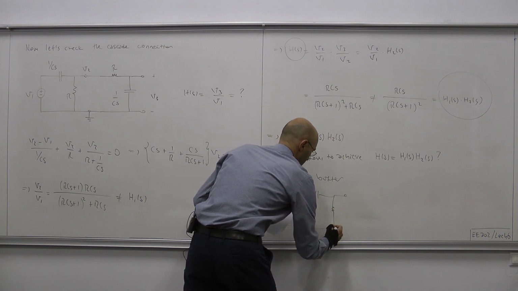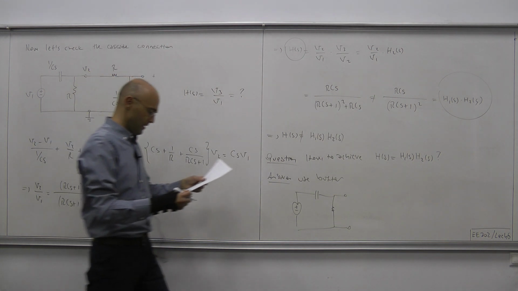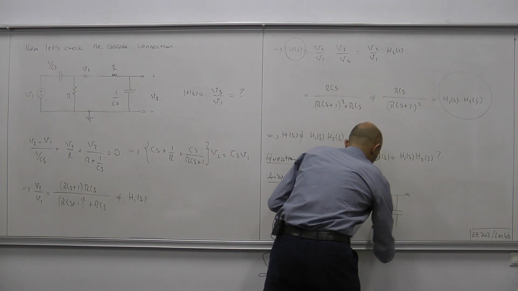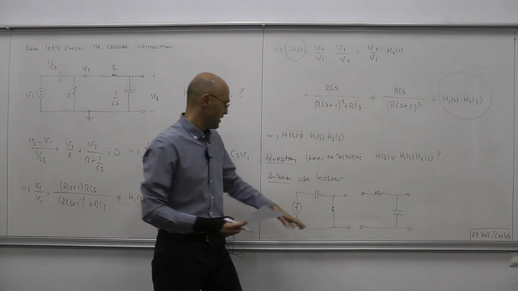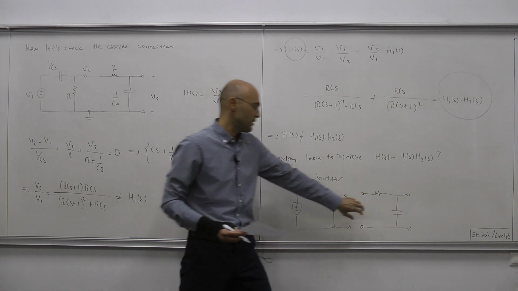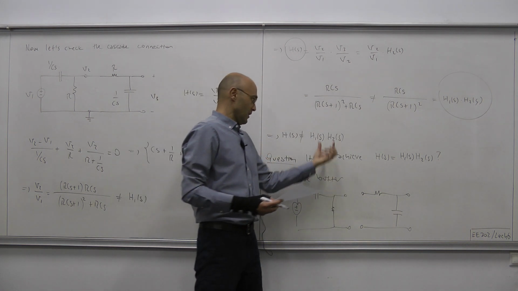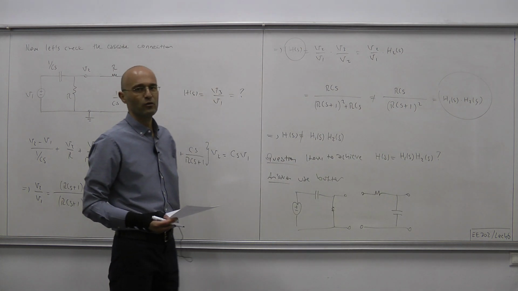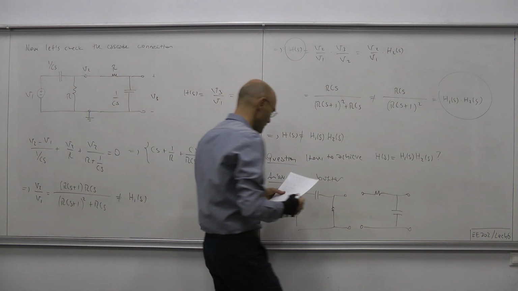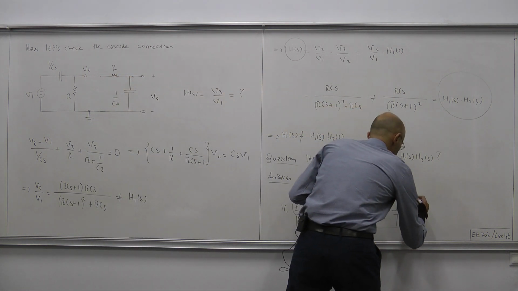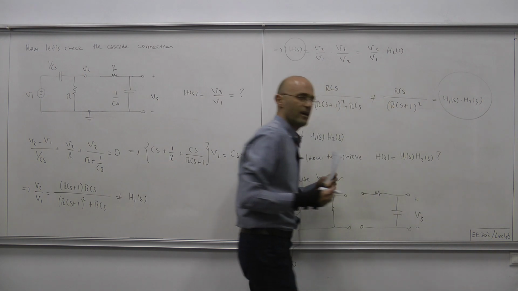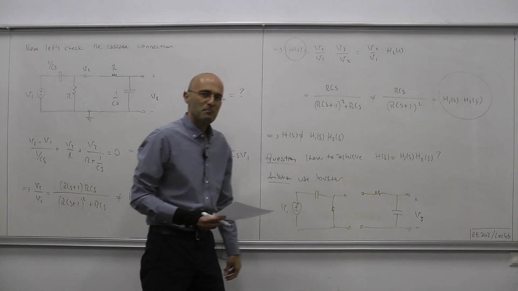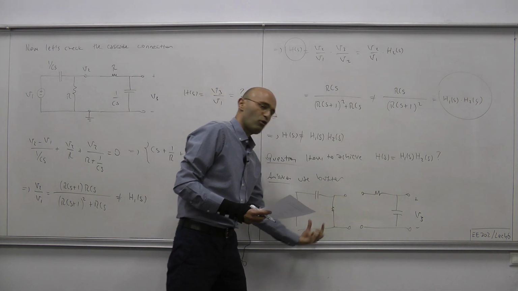Okay, this is your first filter. Then here you have your second filter. You have here a nice H1, here you have a nice H2, and you want the overall cascade connection to have the transfer function which equals the product of H1 and H2. This is V1, this is V3. And for that, what you should do is make sure that the second piece does not load down the first filter.